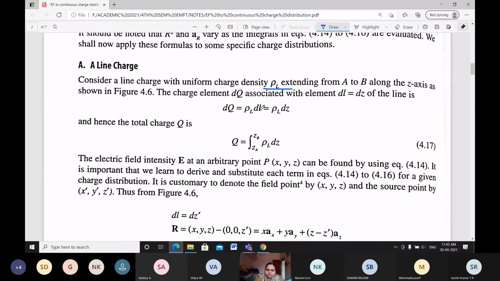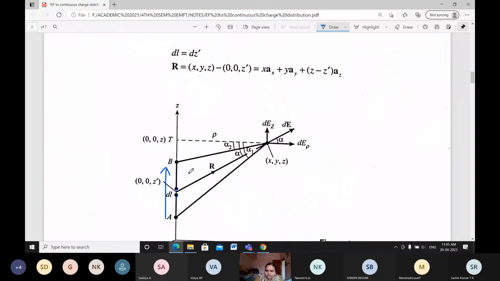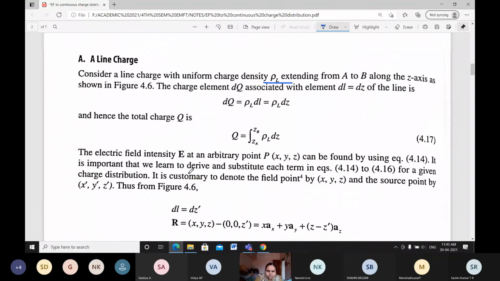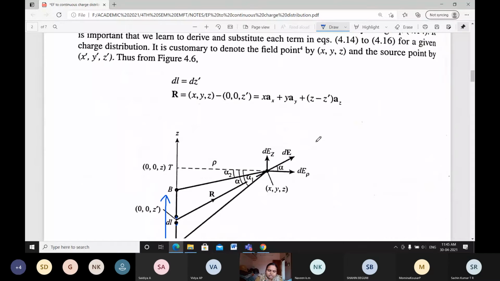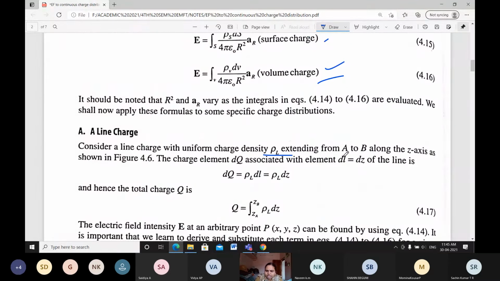Then the charge element dq associated with a small portion of the line is taken as dl. Here dl is equal to dz, because it is varying with respect to the z direction. For that reason, dl is taken as dz. Therefore dq is equal to rho L into dl, which we write as rho L into dz.